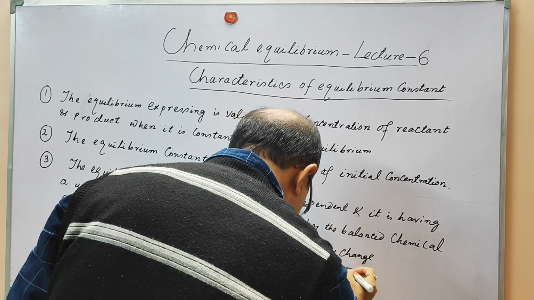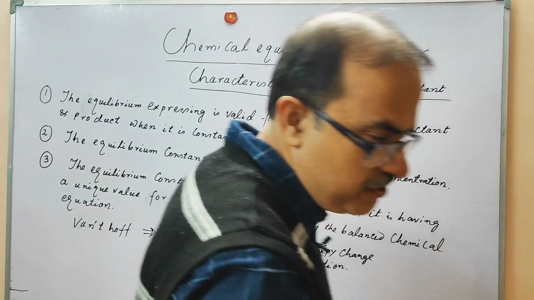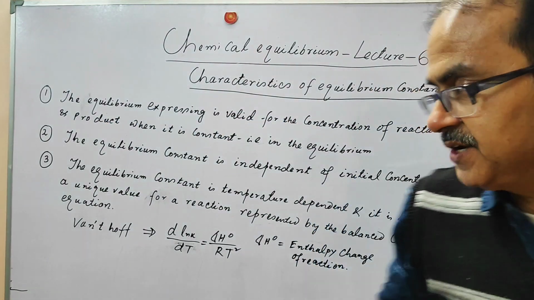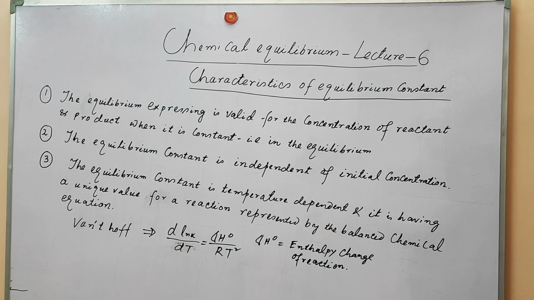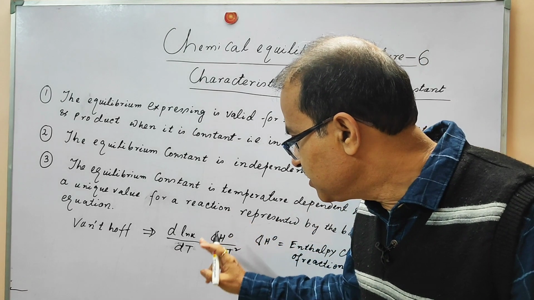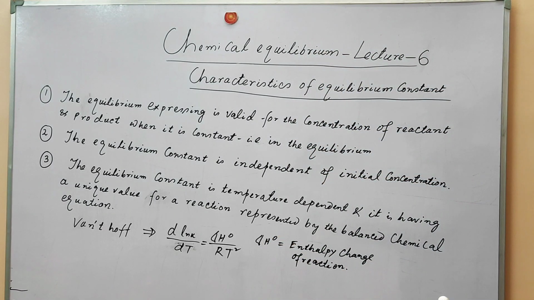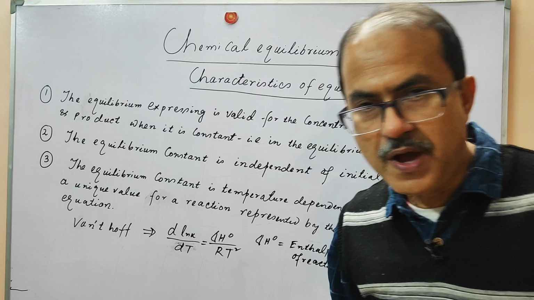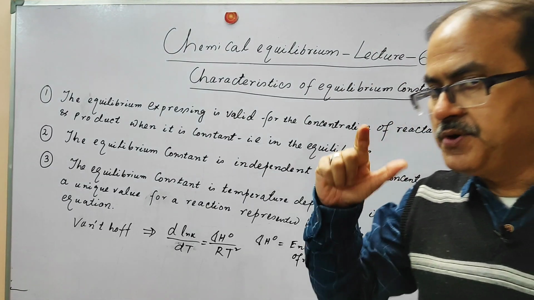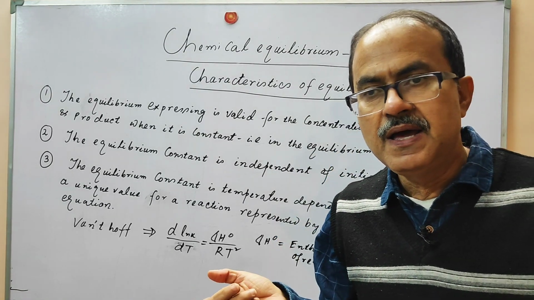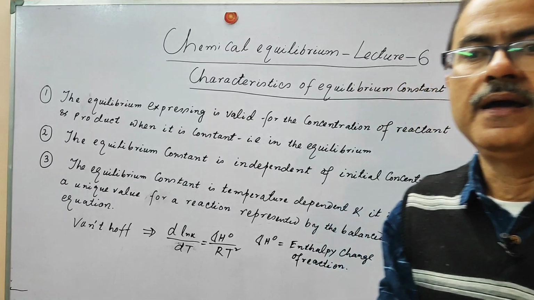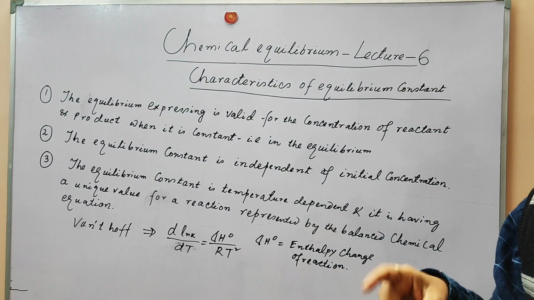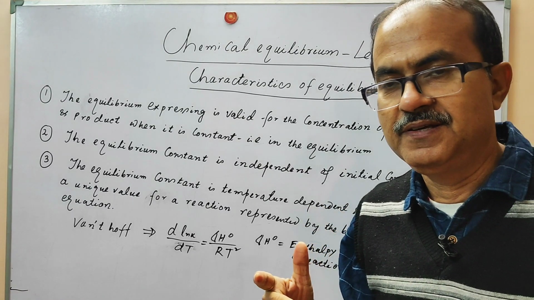This is how you correlate the temperature with the equilibrium constant. Now, what we have to do? We have to integrate this equation given by Van 't Hoff to find out the relationship between the temperature and the equilibrium constant at different temperatures.